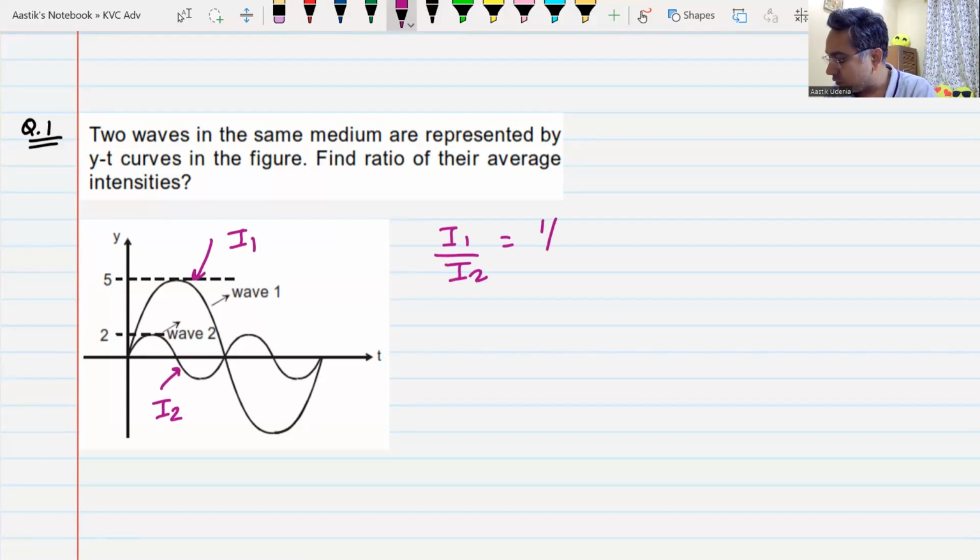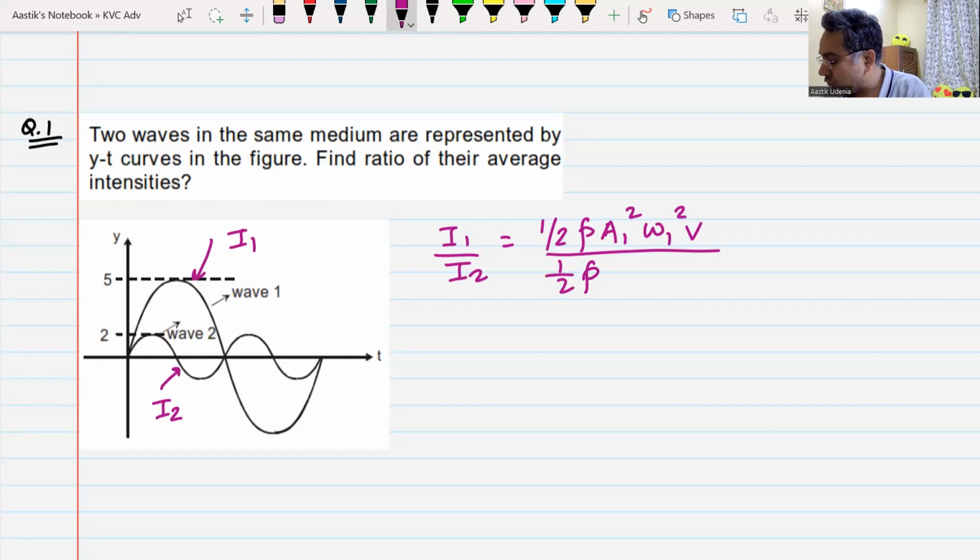That will be equal to half into rho into A1 squared into omega 1 squared into V, divided by half rho A2 squared omega 2 squared into V. Now, knowingly I have kept something similar and knowingly I have kept something different.